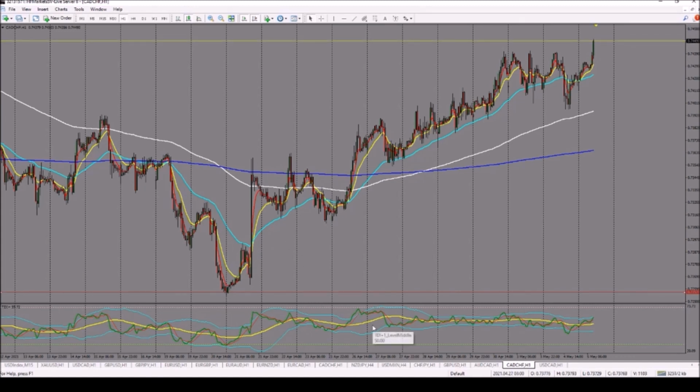Dividing by 2 to obtain the last length, we get 90 pips. So from this point, we are now adding 90 pips to 0.7358.